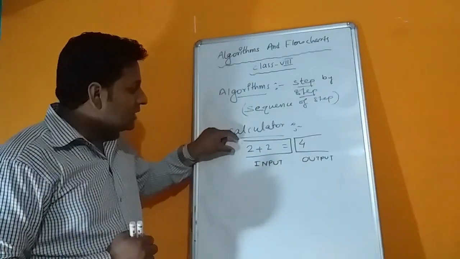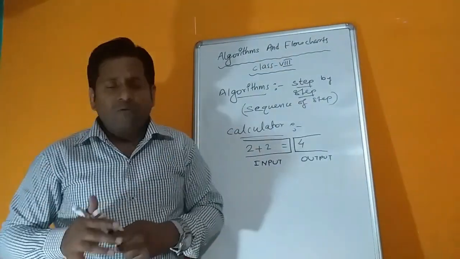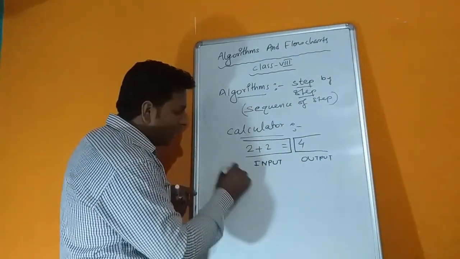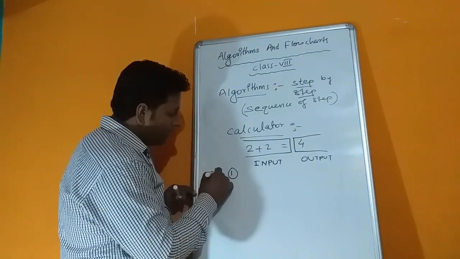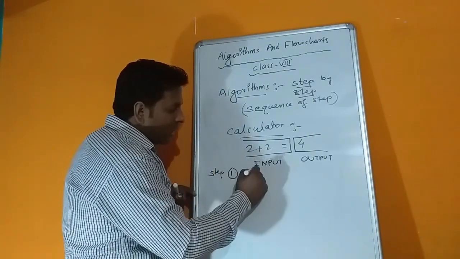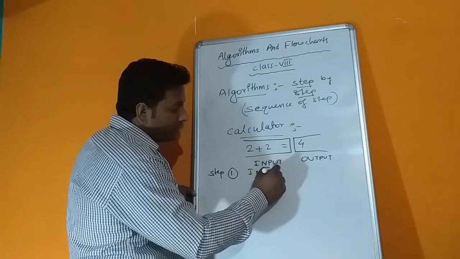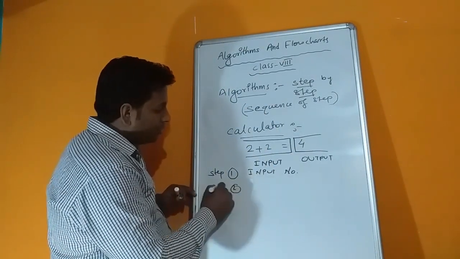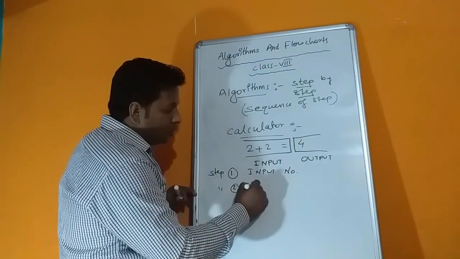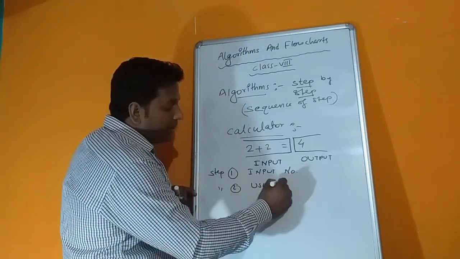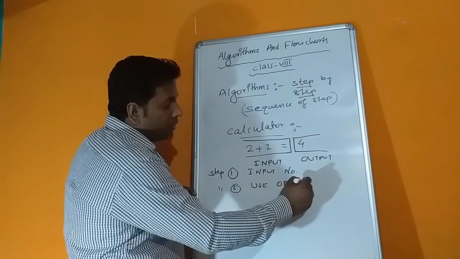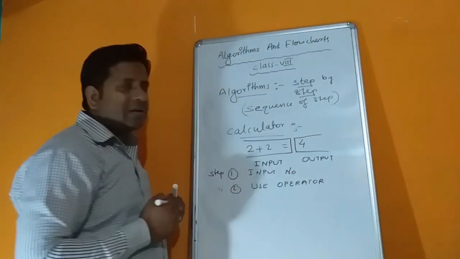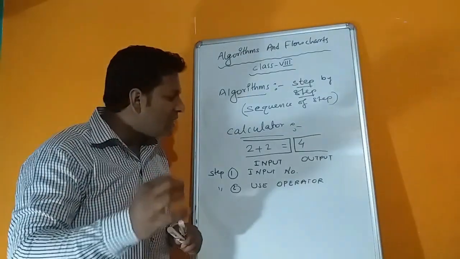If anyone doesn't know, then we can give the instructions this way. Step 1: input the first number. Step 2: use an operator. We can say plus, minus, multiplication, division, these are operators.